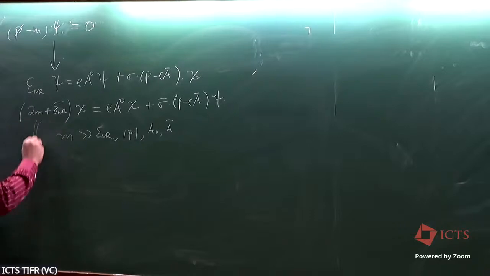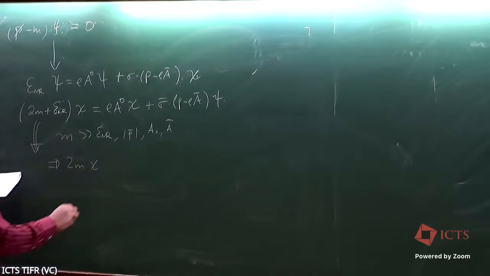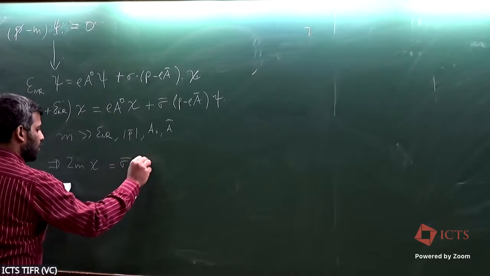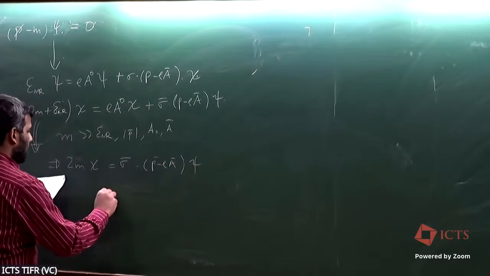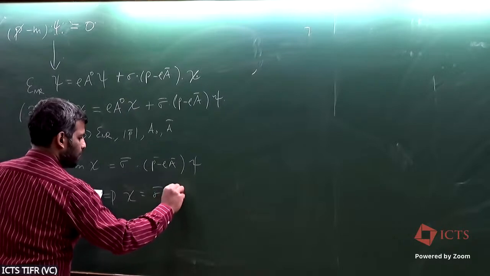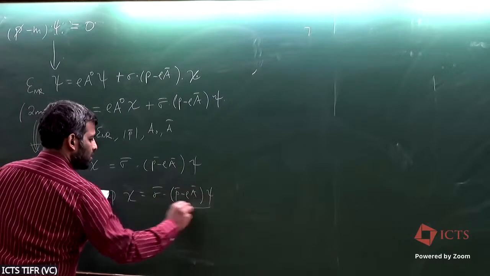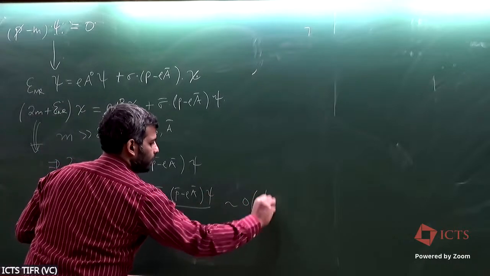And so in that limit, you will simply get 2m χ = σ·(P − EA) ψ, and that immediately tells you that χ is σ·(P − EA) ψ by 2m, which means this is of order 1 over m.